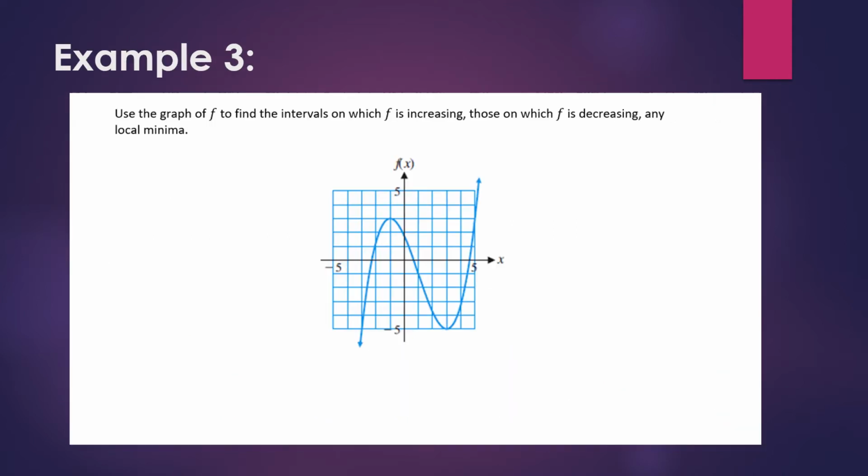So example 3, it says, use the graph of f to find an interval on which f of x is increasing and those on which f of x is decreasing and any local minima. They're not asking for maxes for some reason, but they are asking for mins. So what I would do is I would find your highest points and your lowest points.